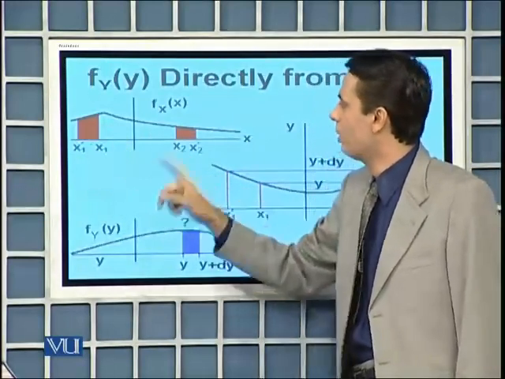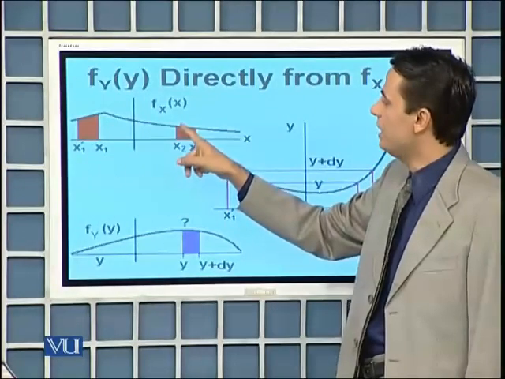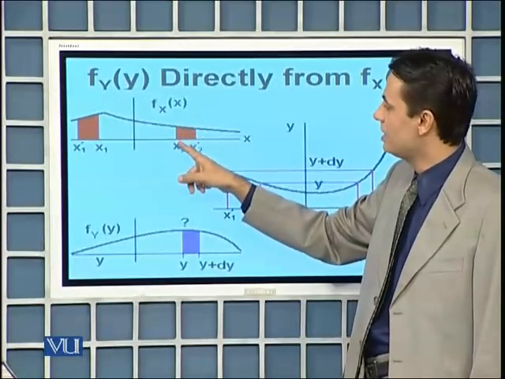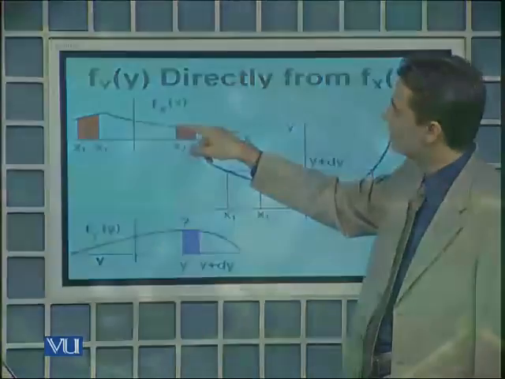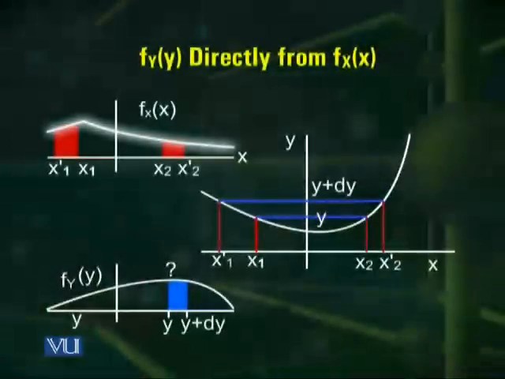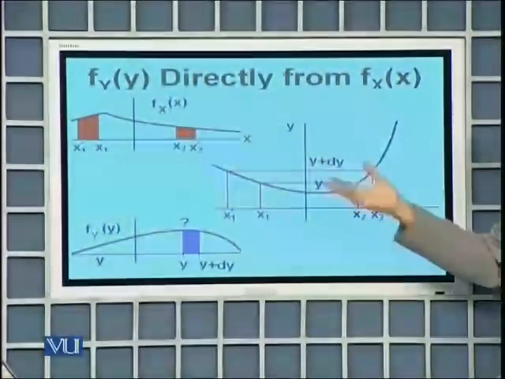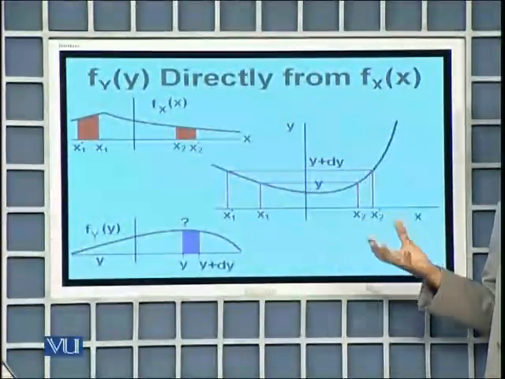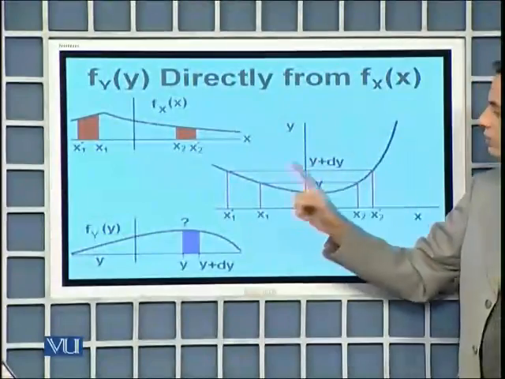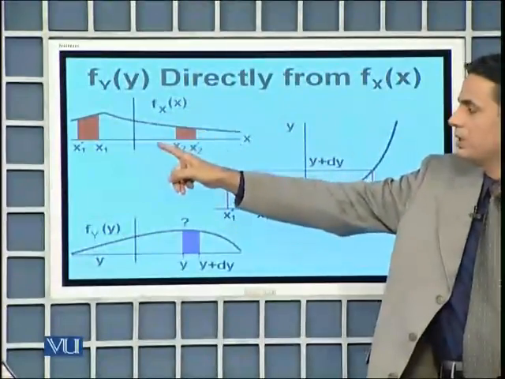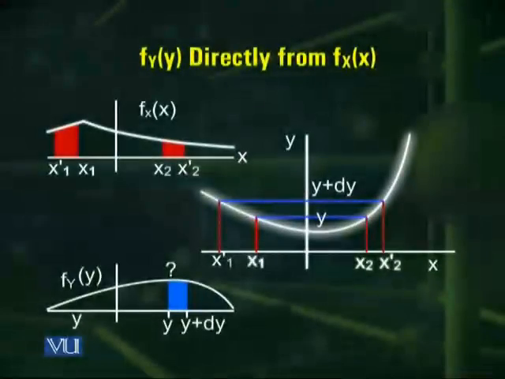This interval is small. Similarly, the PDF of x does not change when x changes from x2 to x2 dash. This interval is also small. So PDF is flat during these 2 intervals, and by using this assumption, we can find the probability density function of y in terms of probability density function of x and this non-invertible mapping.